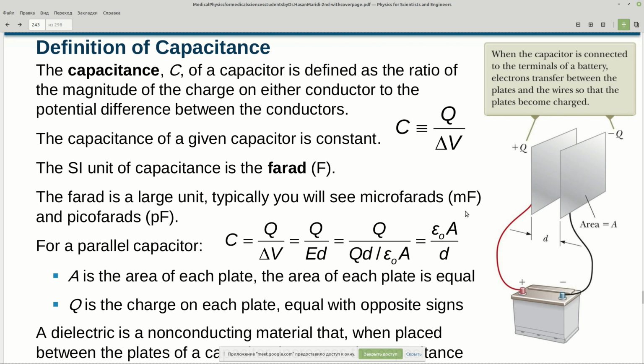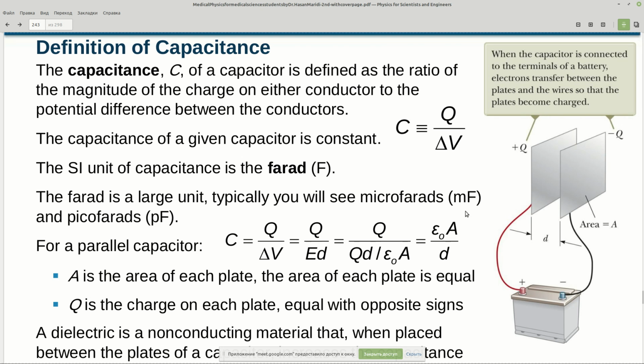The direction of the current is the direction in which positive charges are free to move; it was defined so historically. So electric current is the rate of flow of charge through some region of space, through a conductor, for example, some area.